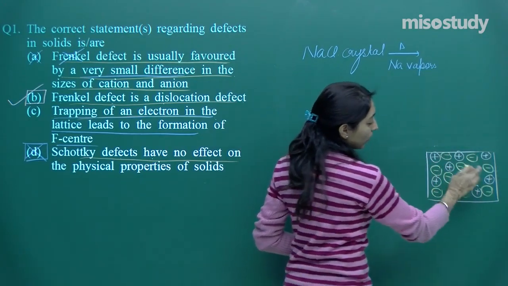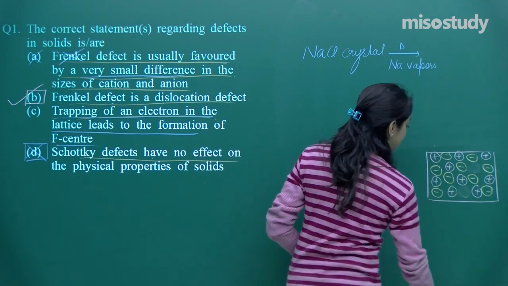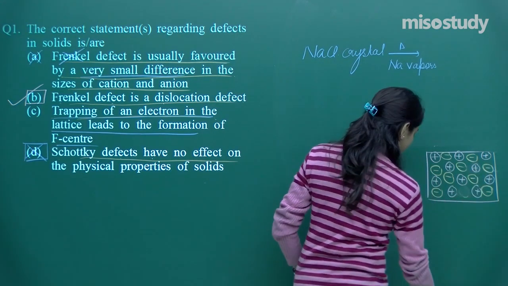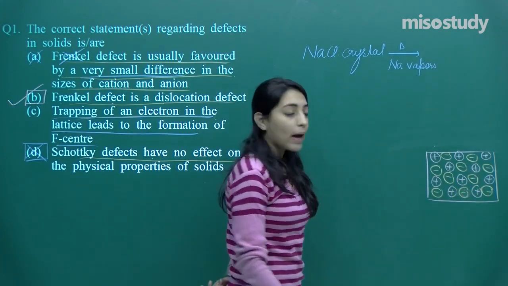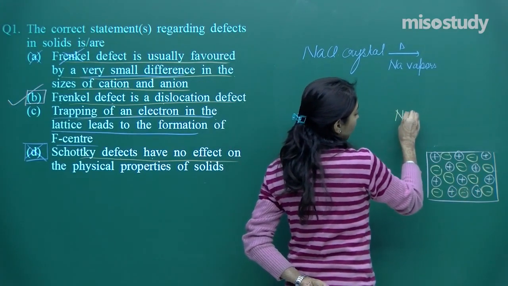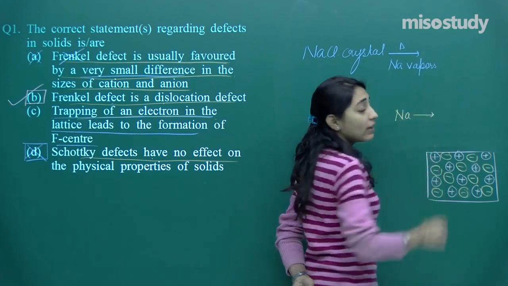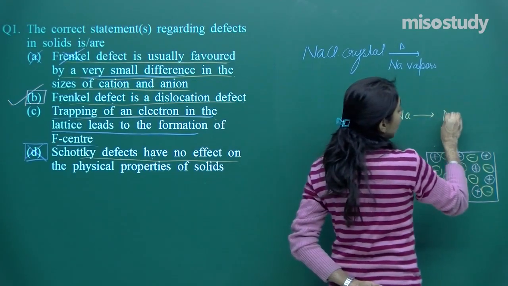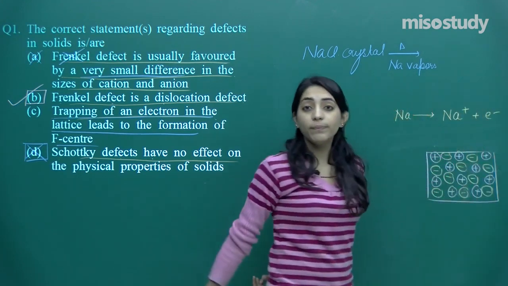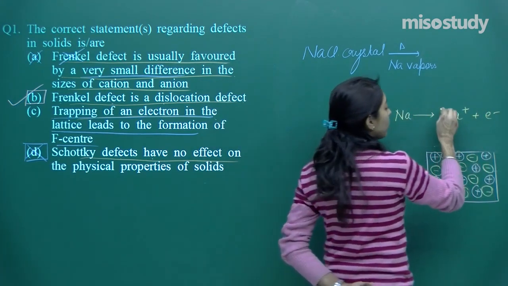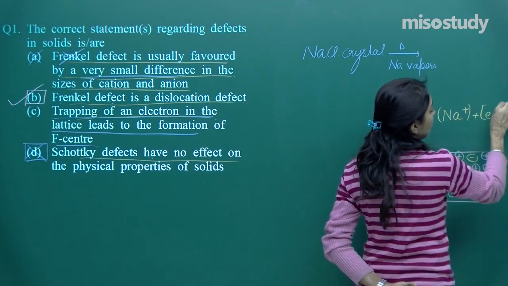Let us say this is sodium chloride crystal. So we must be having positive and we must be having a negative here. Okay. Now what happens is when the sodium in the vapor state is heated, it will undergo ionization to form Na plus and an electron.